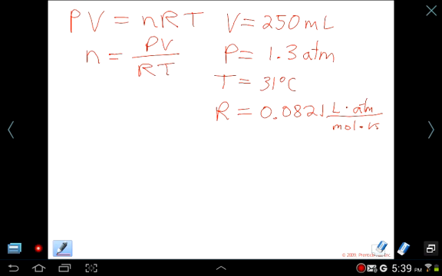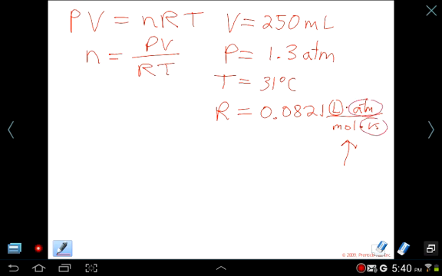And now, essentially, it's a matter of plugging the values into the equation. The only thing we have to make sure is that each one of these values corresponds to the units of our selected value of the gas constant. So, our volume must be in liters, our pressure in atmospheres, our temperature in Kelvin.